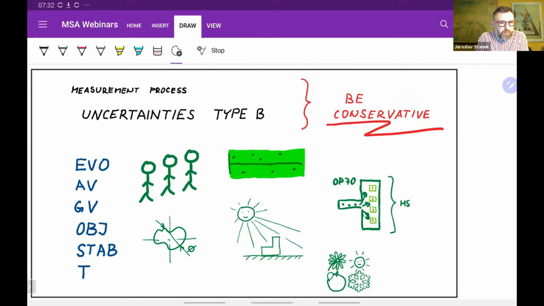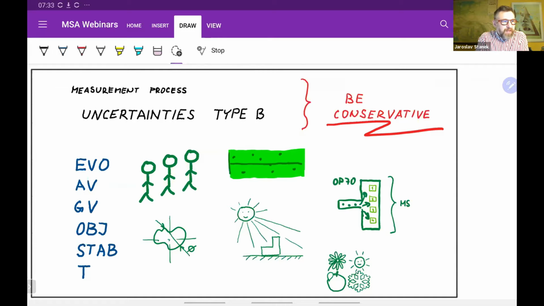And clearly, the rule number 1 is to be conservative, because when estimating the uncertainty of the measuring device, you can legally be always stating a worse uncertainty, a bigger uncertainty than is the actual status of the measuring device, but never smaller. So whenever we are not really sure what to put in, we need to put in a slightly bigger number than the reality.